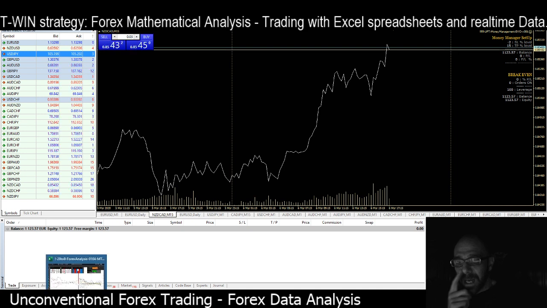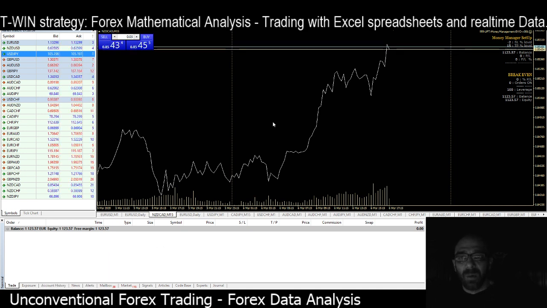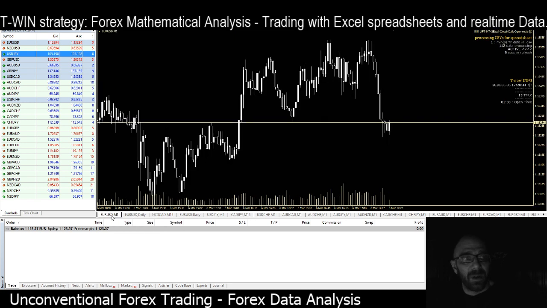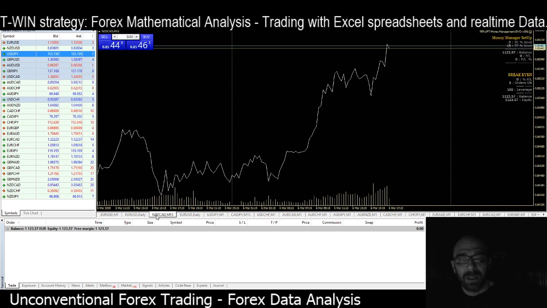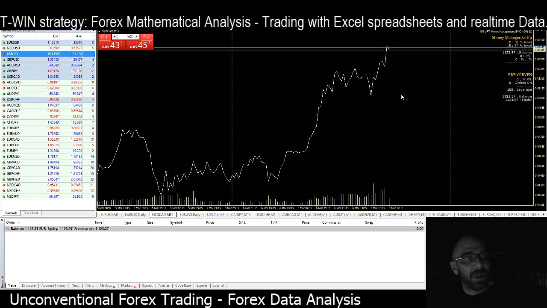In terms of analyzing the trades, of course, we can see without any problems the Euro Dollar. Let's see, Euro Dollar here.